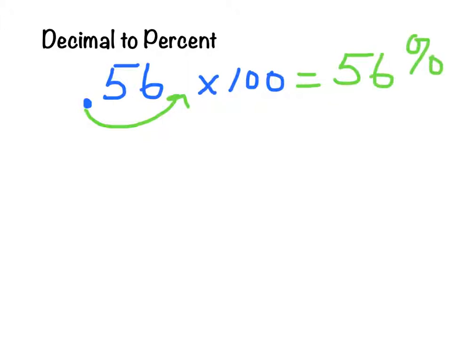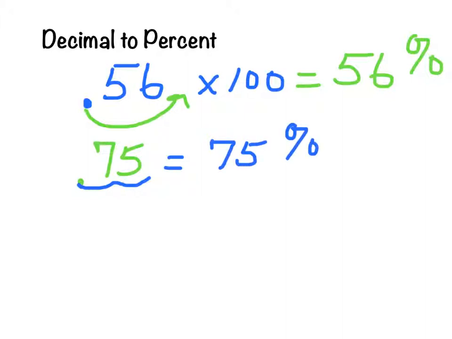Let's take a look at another problem. If I have 0.75, I just need to multiply by 100, move my decimal 2 places to the right, and then add my percent sign. If I have 0.05, again, 2 places to the right, and I get 5%.